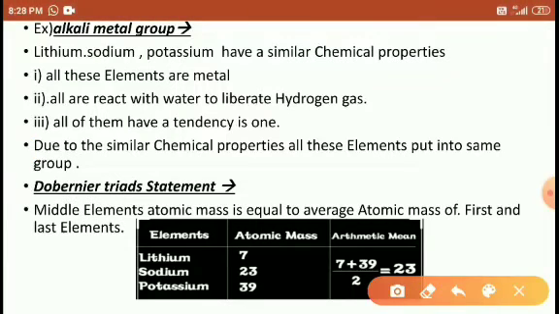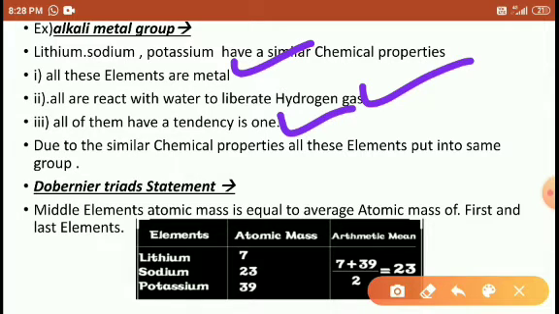So, an example. He made a first triad using the alkali metal group. Lithium, sodium, potassium have similar chemical properties: all are metals, all liberate hydrogen gas, and all have a valency of 1. It means they bond with one species.